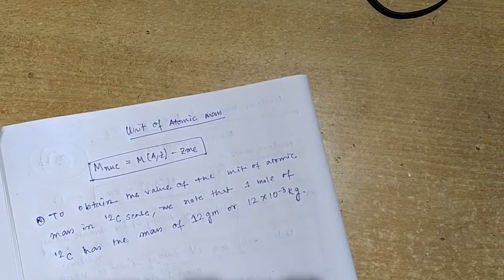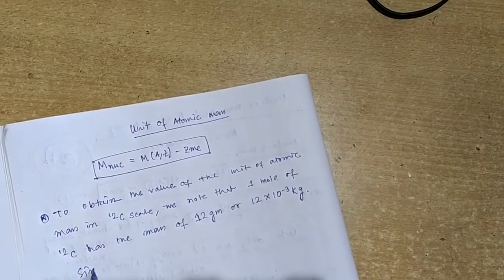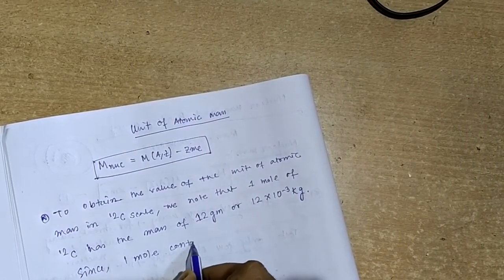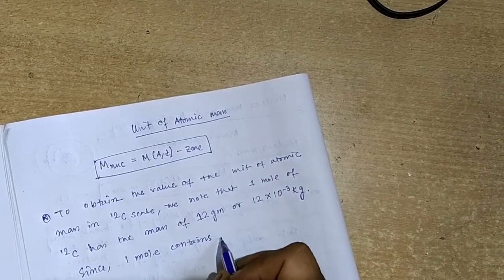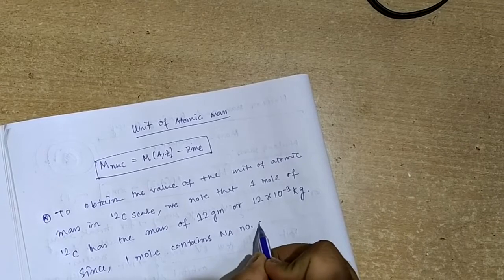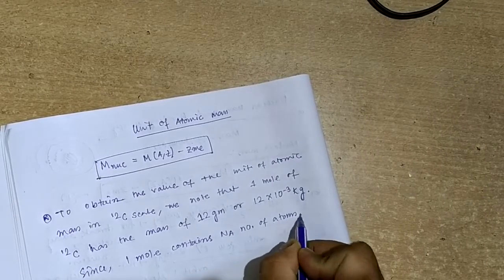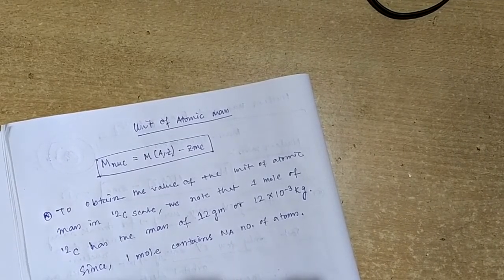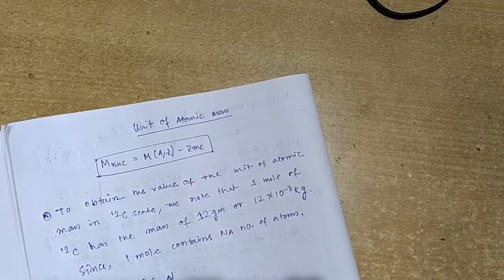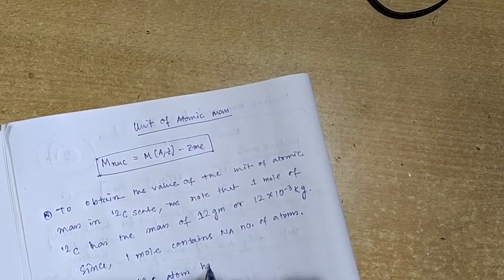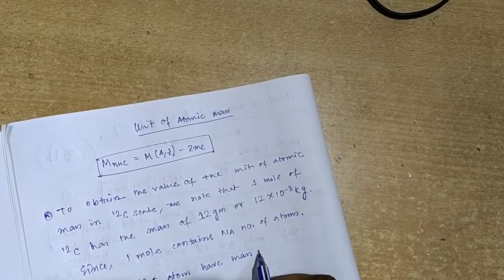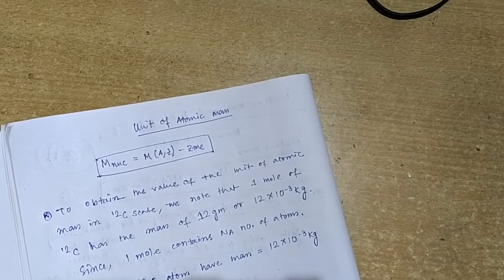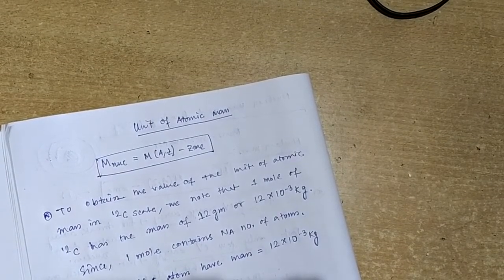Now, since 1 mole contains Avogadro number of atoms, the Avogadro number of carbon atoms have mass 12 into 10 to the power minus 3 kg.